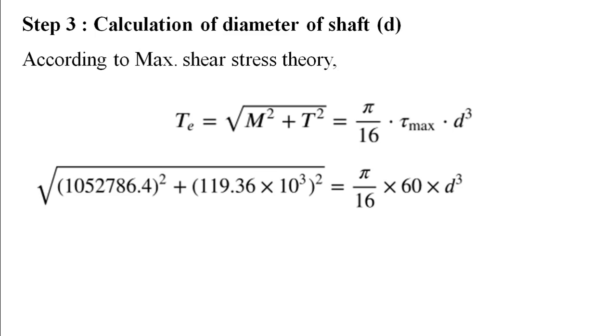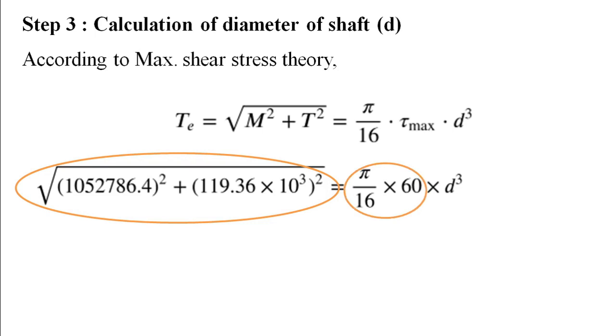For calculation purpose, we first calculate the left hand side. After that, we will calculate the right hand side term pi by 16 into 60. This term will go to the left hand side in the denominator.